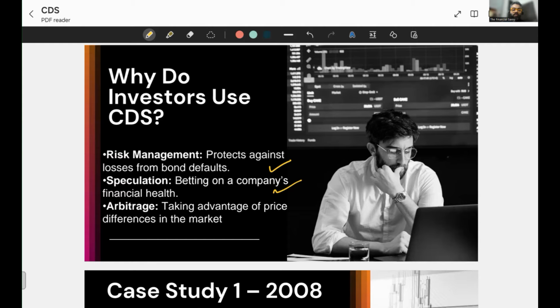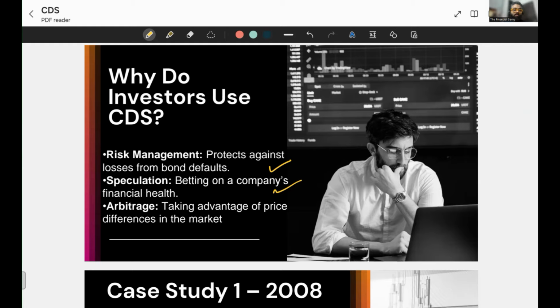Arbitrage is also one of the reasons for using CDS, because some investors make money by exploiting price mismatches in the CDS contract. So arbitrage is all about making money using price mismatches, right? If there is a price mismatch in the CDS market, then they can make a profit.